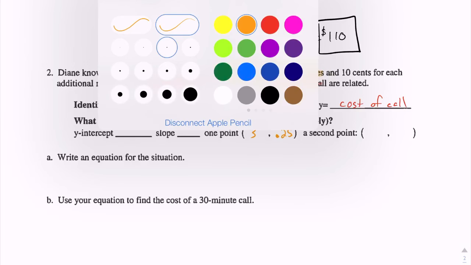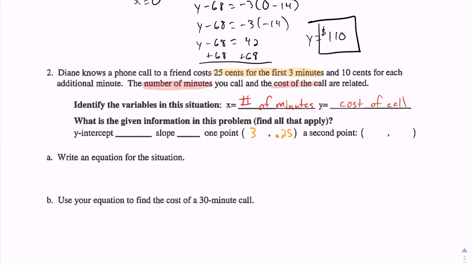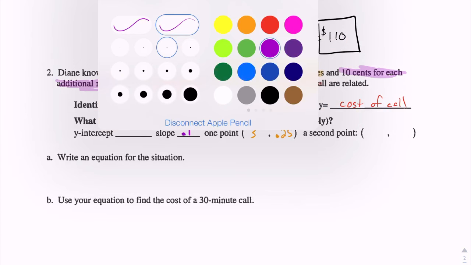Now the next piece says it costs 10 cents for each additional minute. Ooh, for each, that's one of our key words. That means the slope. So 10 cents is actually 0.1. So now we can go through.